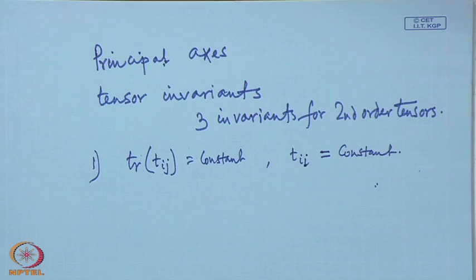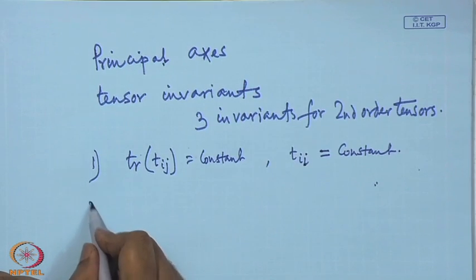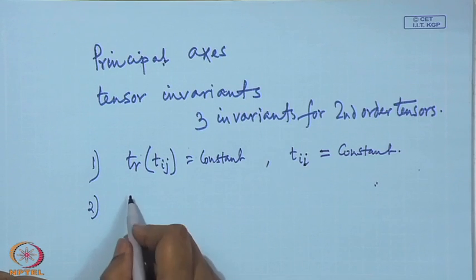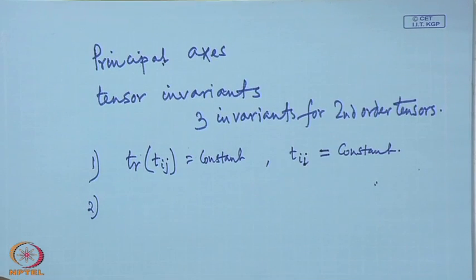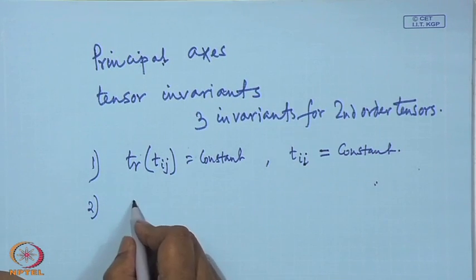The second tensor invariant is that the sum of the principal minors is constant, which in this case can be written as follows.